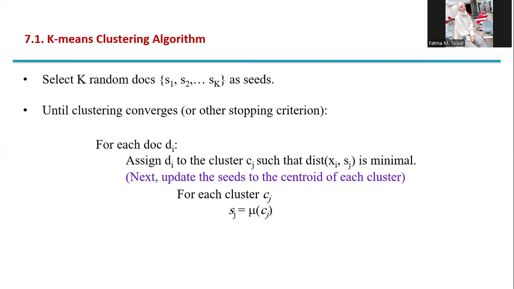Then select k random documents, k of them randomly, because it's called K-means, as seeds, until clustering convergence or another stopping criterion. For each doc di, assign di to the cluster cj such that the distance of xi is minimal. Next, update the seed to be the centroid of each cluster. For each cluster cj, sj equals mu of cj.